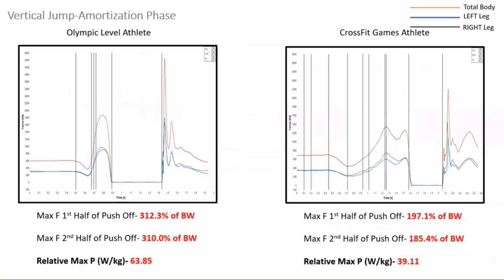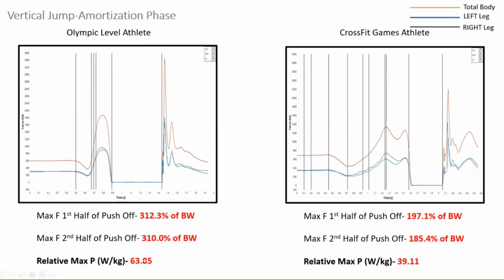Here's an example of an Olympic level athlete doing a countermovement jump with the hands on the hips. As you can see, it's a load, and that rate of force development is significantly high, and the landing is great. Her first push off is 3 times her body weight, and she continues to push, and it's about the same as push off.